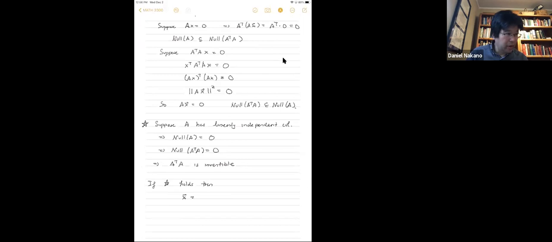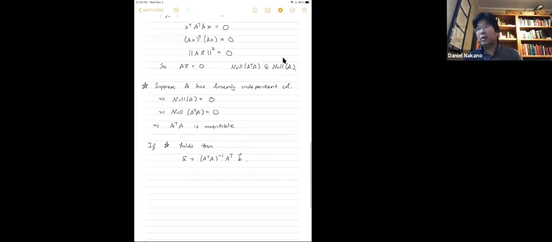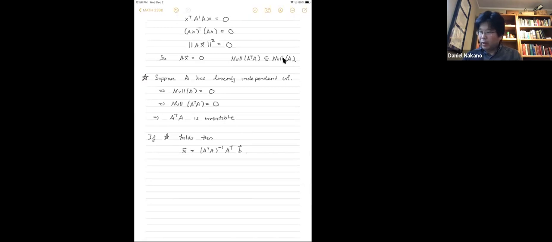This is going to become X equals A transpose A inverse A transpose times B. This X is a solution which minimizes the distance between B and AX.